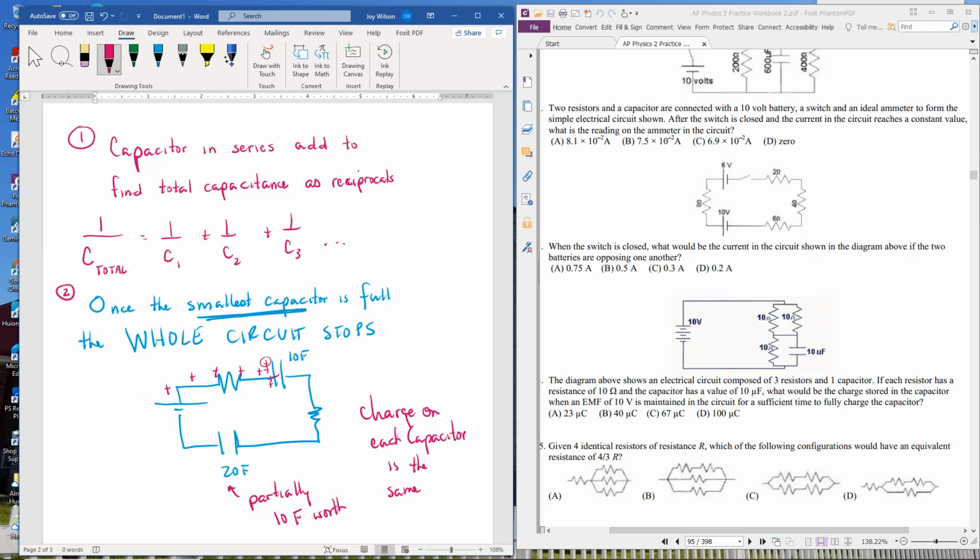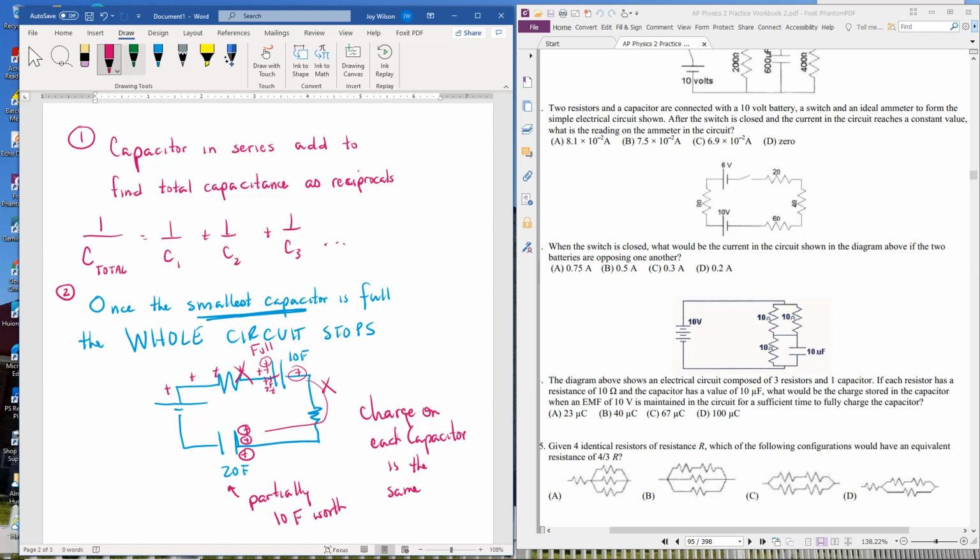But every single charge that comes onto this plate runs a charge off the other side, and that makes this one become positively charged. But at some point, this one, the 10 farad, the little one, is full. And when it's full, it can't take any more. And if it can't take any more, no more runoff. So even though the second one is capable of holding more charge, it doesn't have any charge to go to it.